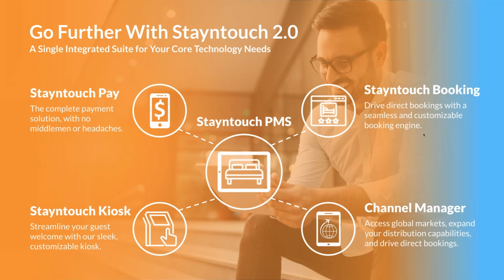We have our booking engine that will really help drive direct bookings. This is also going to be pulling direct inventory real time from the PMS, as well as additional information. Then we have our kiosk, which I've touched on, and then our channel manager, which really gives access and connects the PMS to a plethora of channels that you have available.